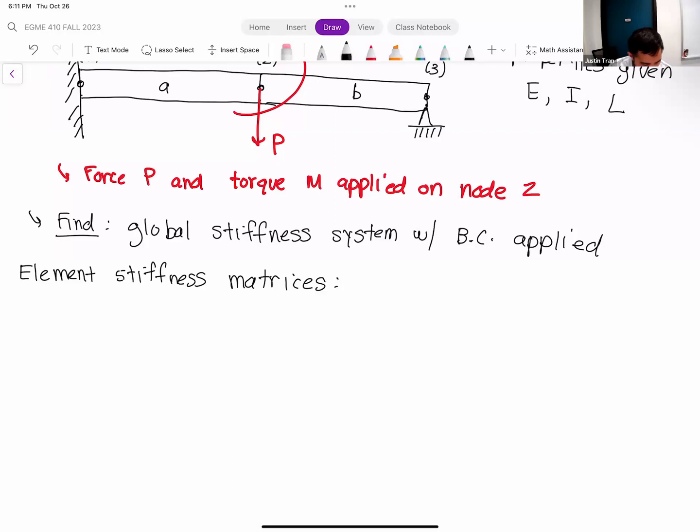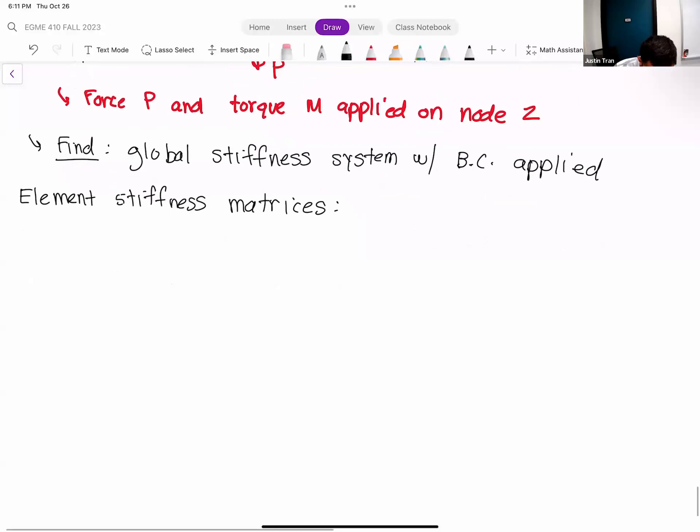In this case, both of the element stiffness matrices are going to be identical, the only difference being in terms of the nodes that they act on. So let's do the element stiffness matrix for element A. Since we're not given any numbers here, we're just going to do everything symbolically. So we have EI over L cubed.